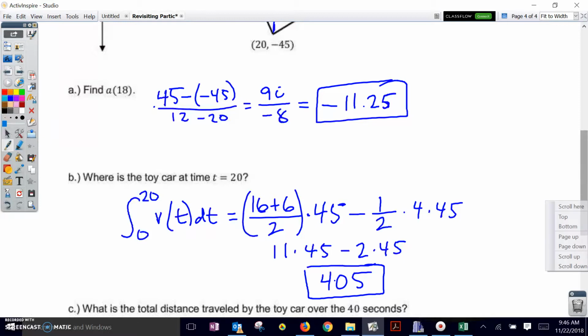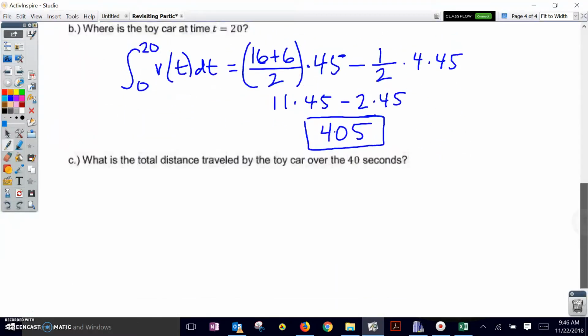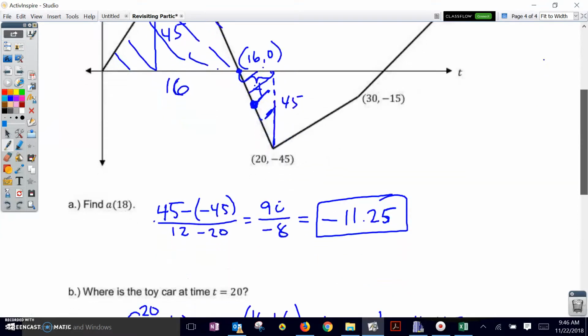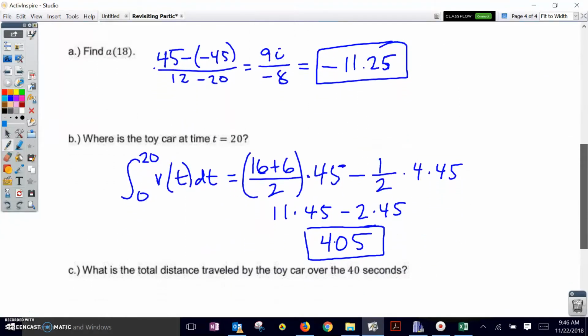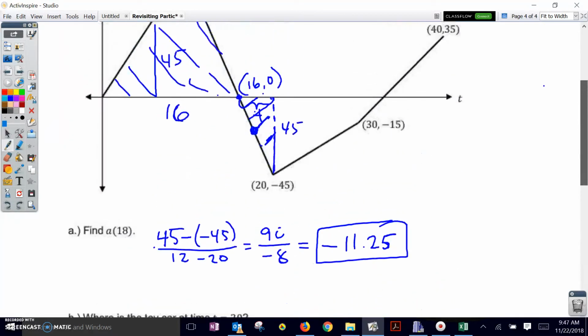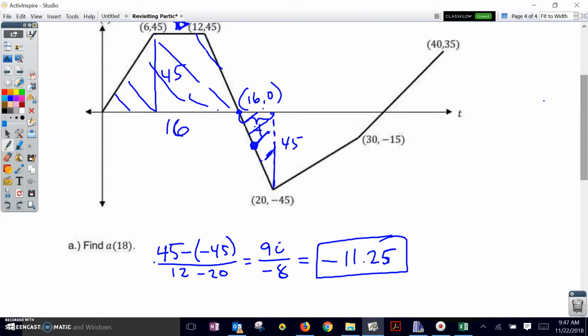What's the total distance traveled by the toy car over the 40 seconds? In order to do that, we now need to calculate all of the area as positive area. So we've got the trapezoid from the start, plus the triangle that we just calculated, plus the remaining areas, which, let's see what else I've got.